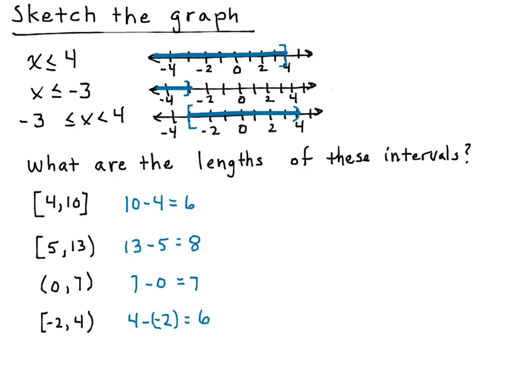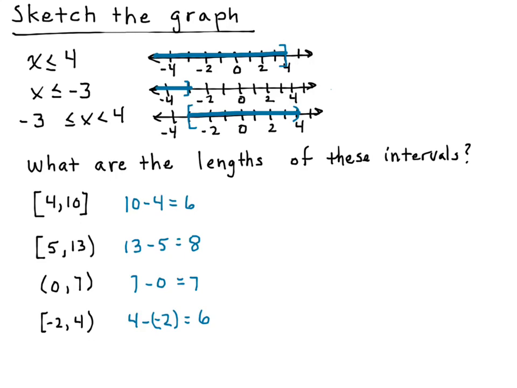Now I'll skip down to the last one. To graph that interval, it's from -2, square bracket, to 4, a curved bracket.